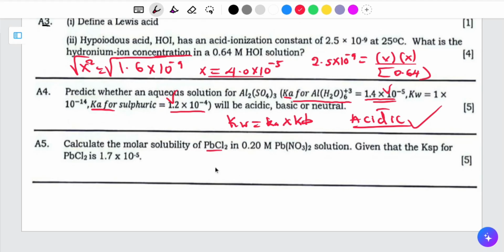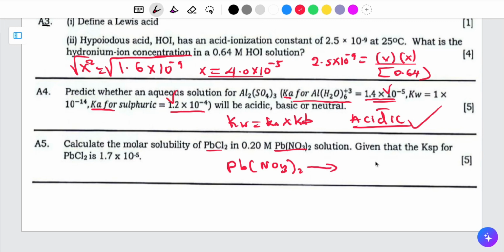So first let me write the ionic equation of this one. According to what we have here, when this dissociates, what are we going to have?